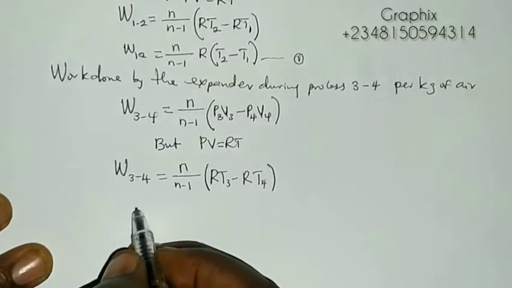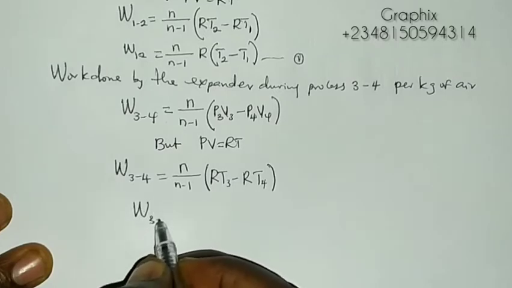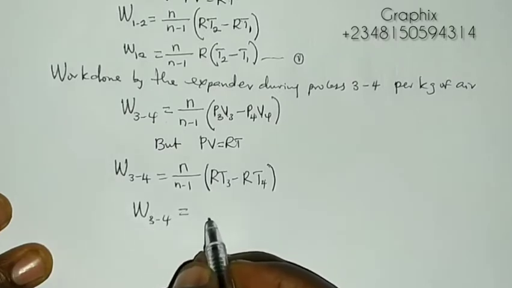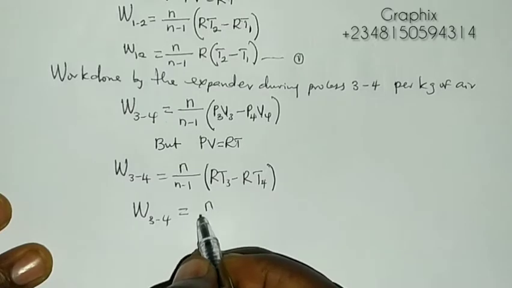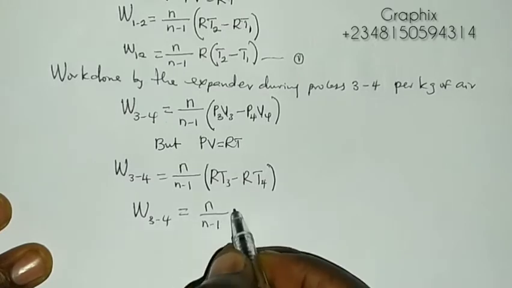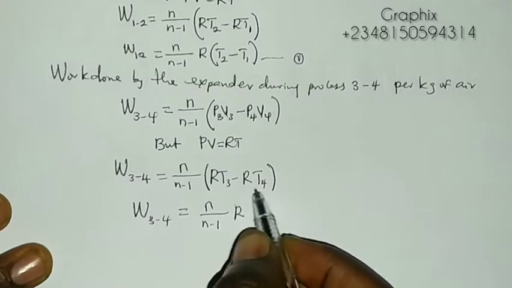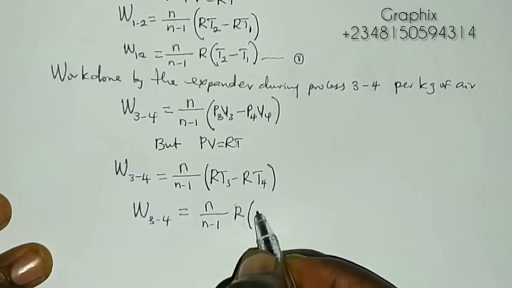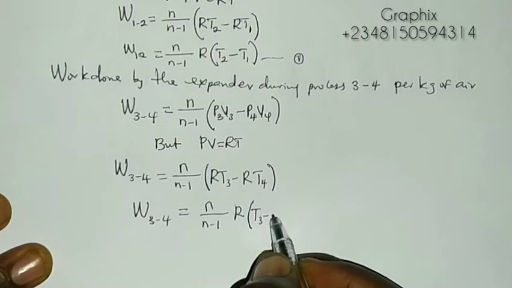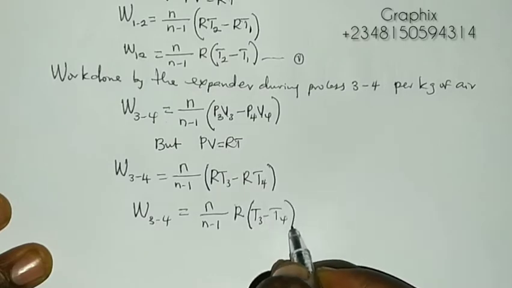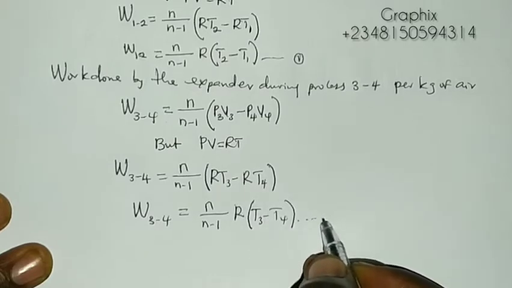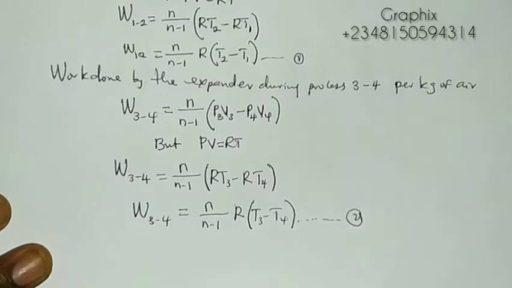So my work done between state 3 and 4 will be n over n minus 1. Bring the R out because it's common. So we'll have T3 minus T4. I'll call it my equation 2.